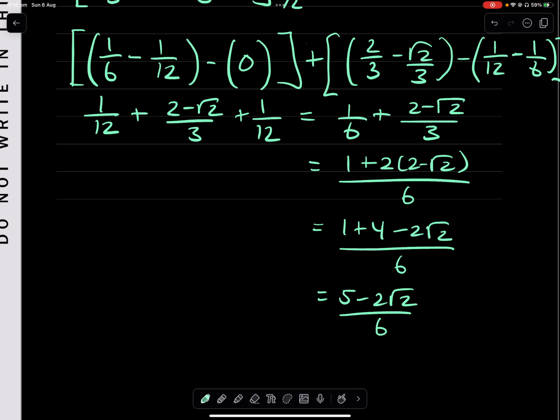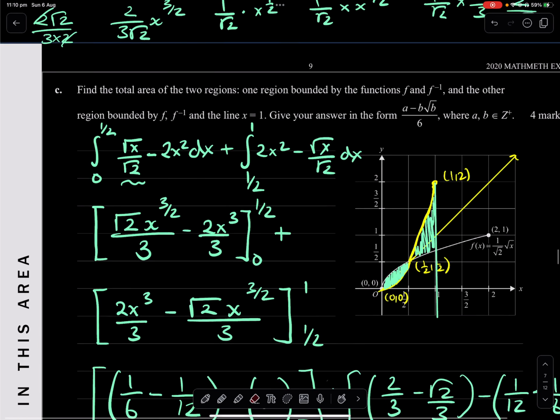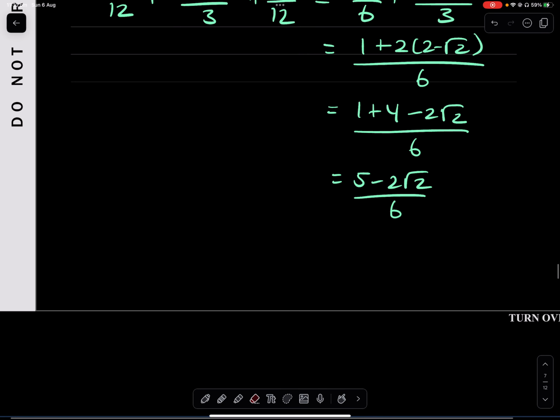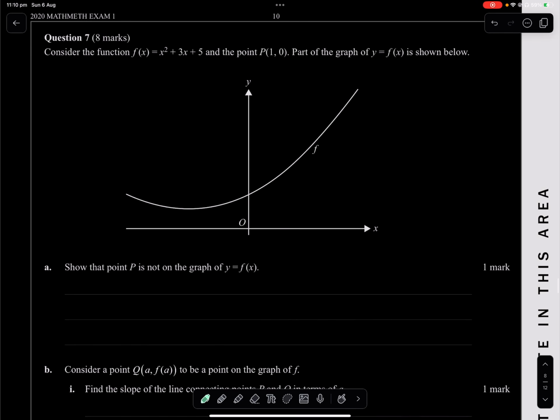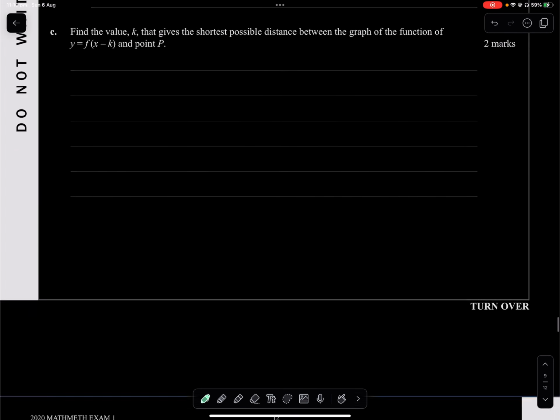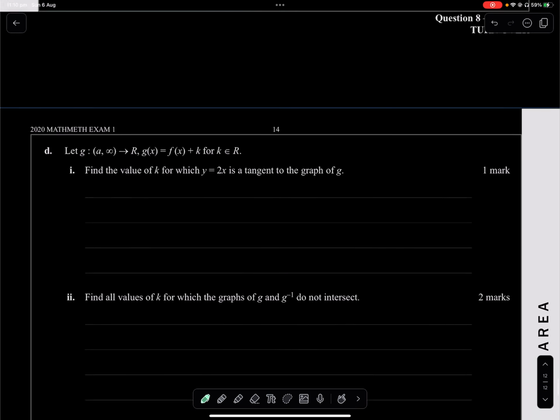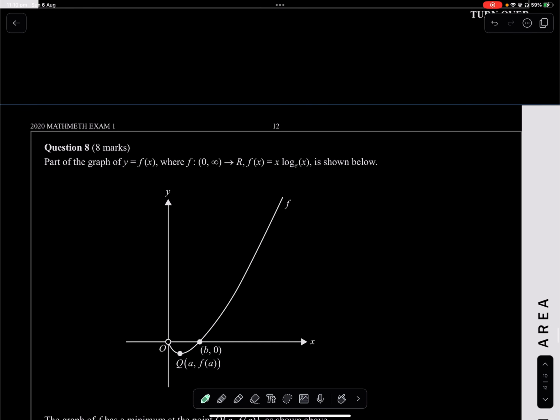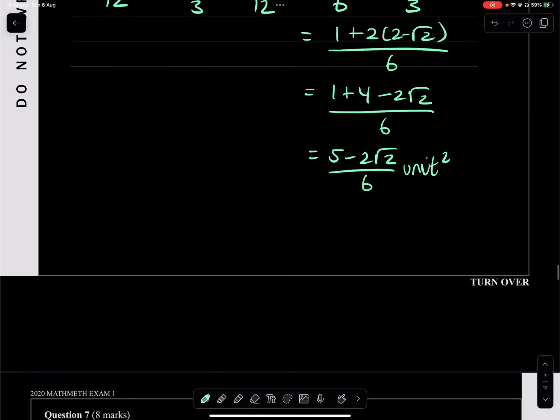It's supposed to be 6 here. I forgot. Yep, looks right. Perfect. And we put units squared. Okay, nice. How many questions left? 8, okay. 2 more questions left.